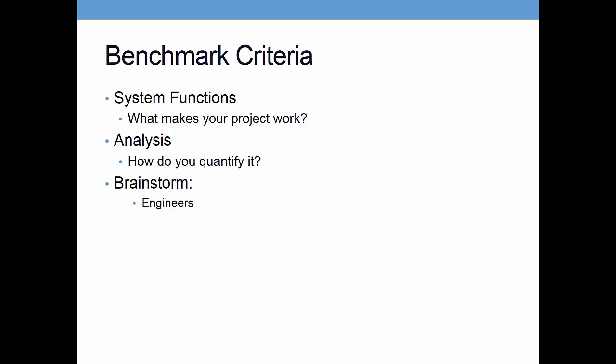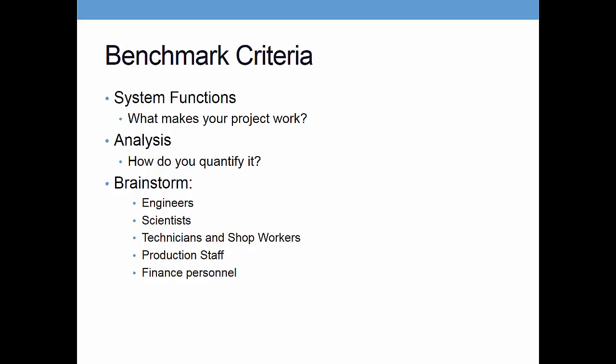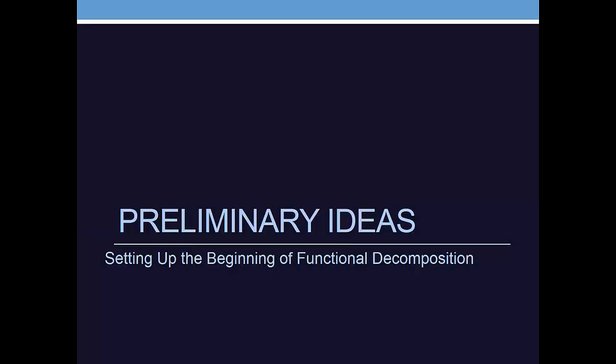Talk to engineers, scientists, technicians, shop workers, and then eventually, if you're a real engineer in a real company, you'll talk to production staff, finance personnel, managers, computer specialists, and all sorts of clients for a specific project. All of this is important whenever you're generating anything new. Make sure that you have some sort of preliminary ideas. This is going to set up your functional decomposition.